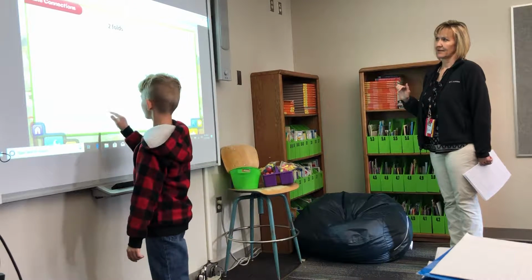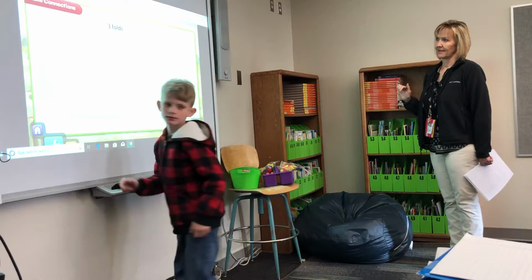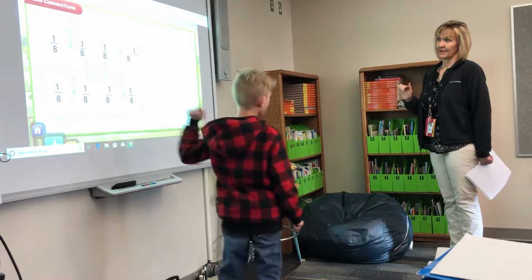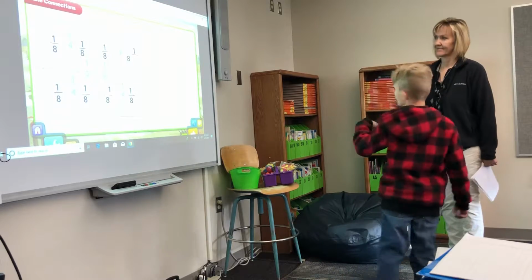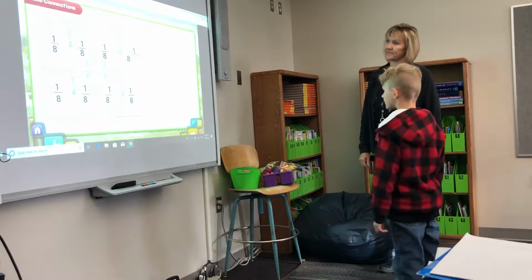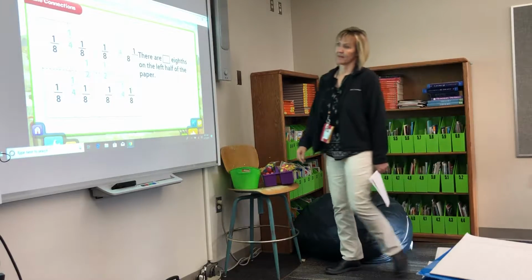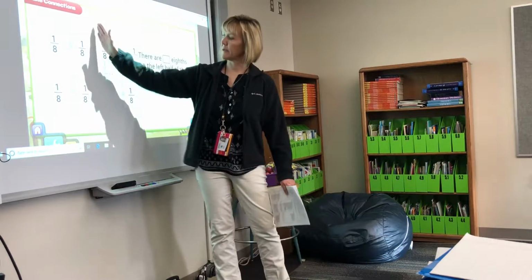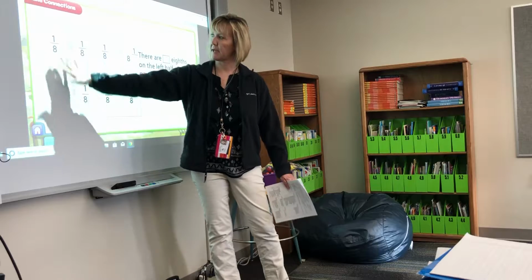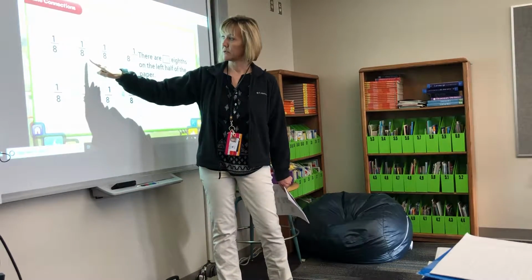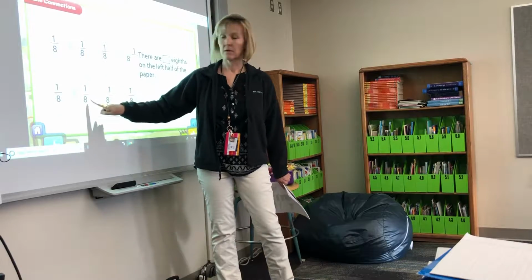One, 2, 3. Open the paper. Now there are 8 equal parts. Each part is 1/8 of the paper. Count the number of eighths on the left half of the paper. Okay, so we're looking over here on this side, the left half. So you have 1, 2, 3, 4.